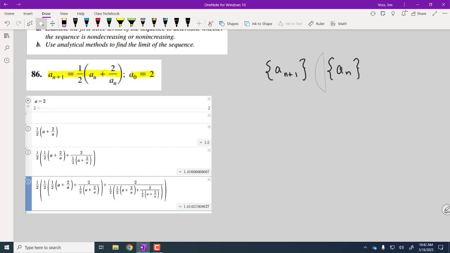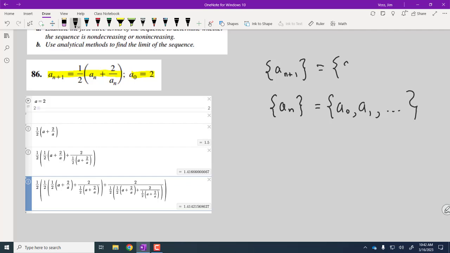This sequence right here, if n is starting at 0, is a sub 0, comma, a sub 1, etc. This sequence, if n is starting at 0, is a sub 1, comma, a sub 2, comma, etc. So they're the same, except that this sequence has one extra term. Point being, they have the same limit. A sub n plus 1, if you consider it a sequence all by itself, has the same limit as the sequence a sub n.